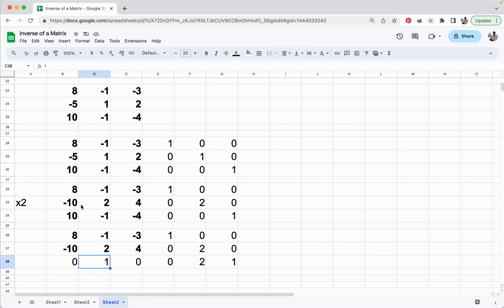Let's think. One way is I multiply this by 2 and I add, so it becomes 0.